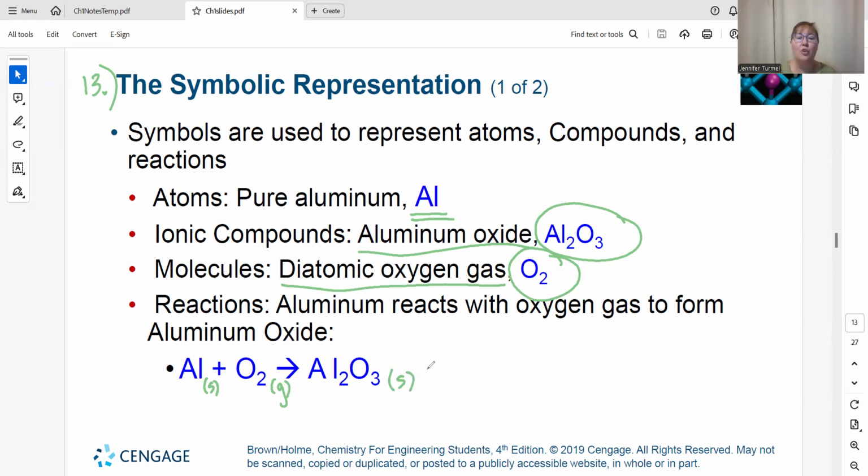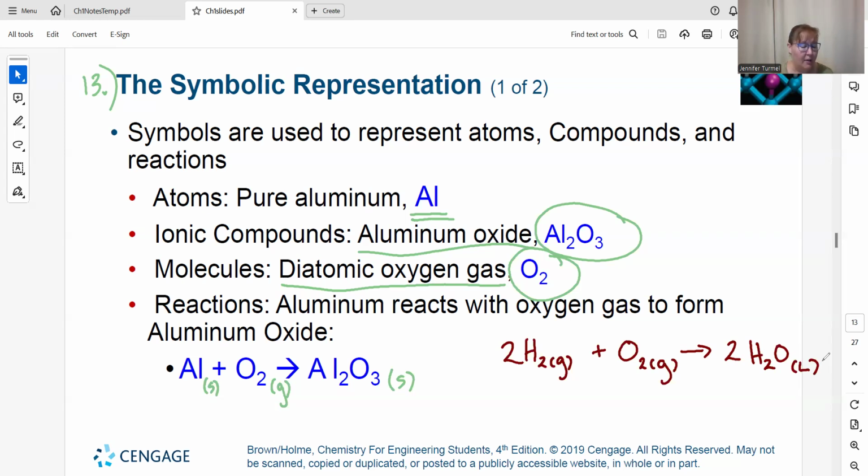Now, you can also do this with something different. We could work perhaps with hydrogen gas, plus oxygen gas, forms liquid water.